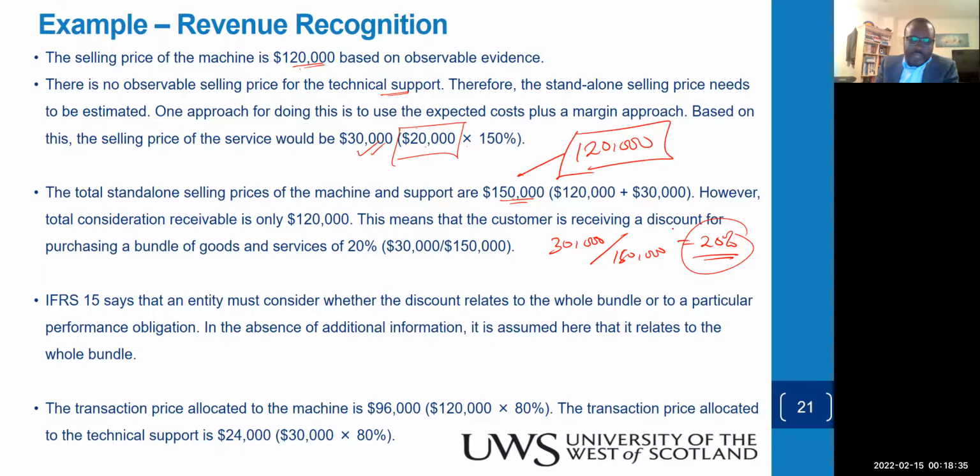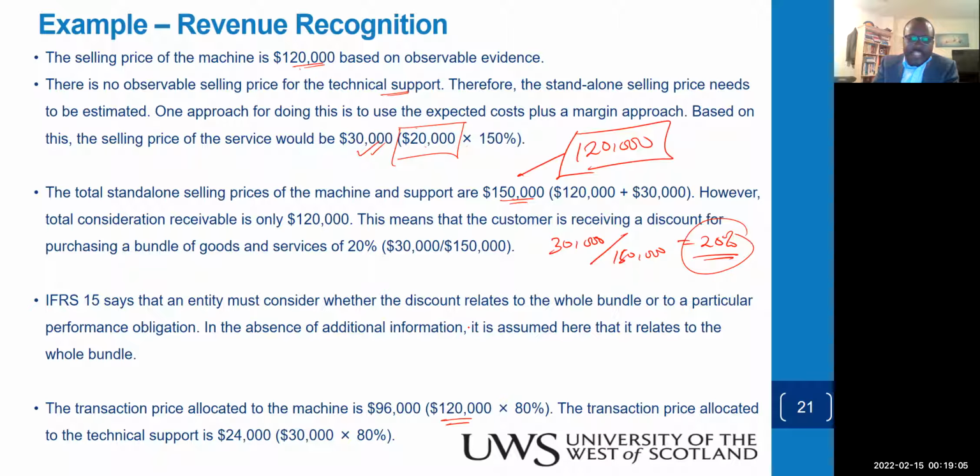So the transaction price should be allocated accordingly. 20% was given to this customer, so in reality, the 120,000 should be allocated as 80% for the actual machine, and the 30,000, which should have been the equipment maintenance, should also be discounted by 20%, to reflect the 80% which we gave him.